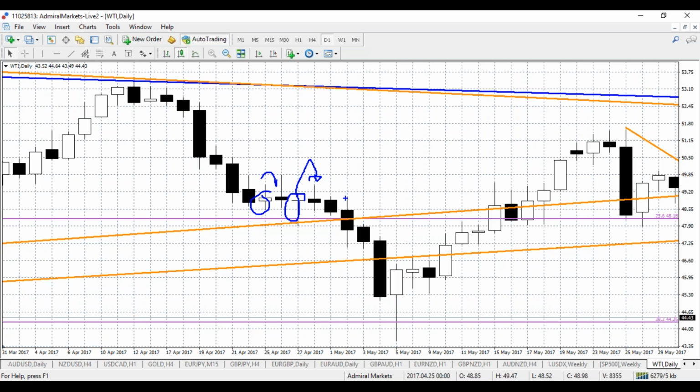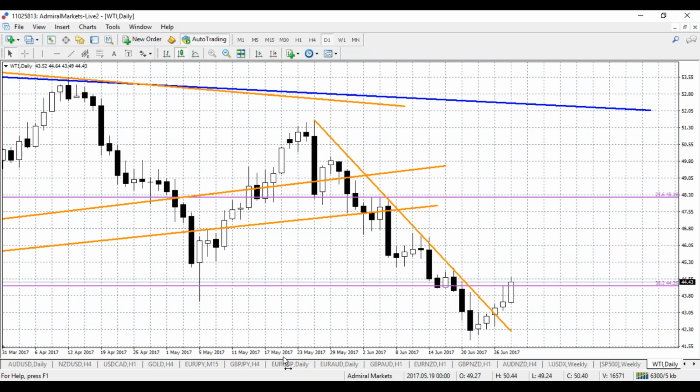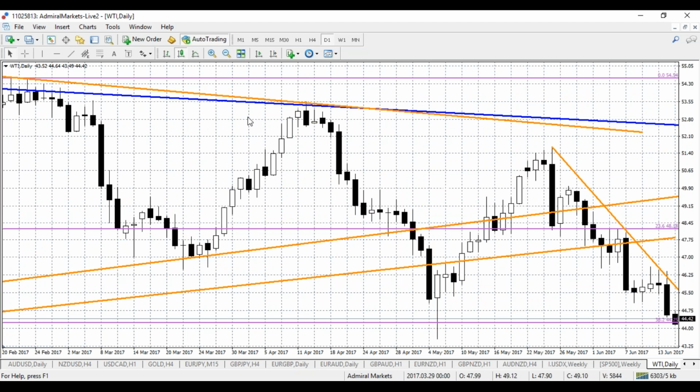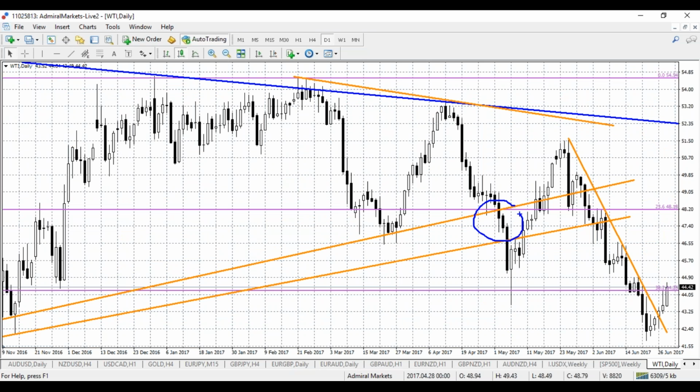This is a tricky one. I'm not saying it's an easy one to avoid, considering the fact that the bigger structure might lean towards a bounce area in this zone. So there's definitely some merit to be said about that particular idea. Don't get me wrong.